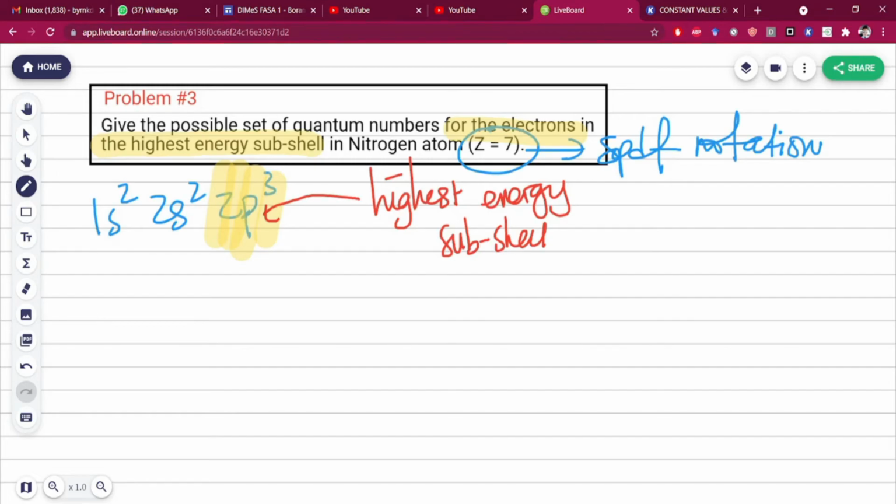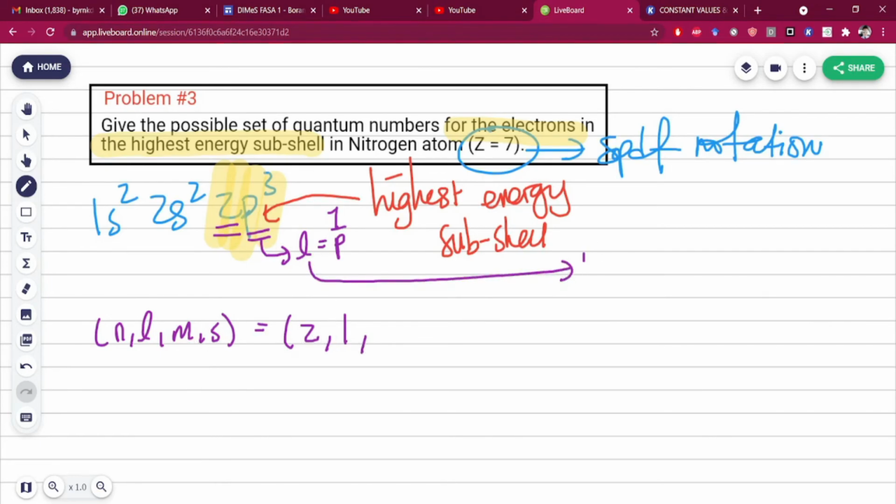To do that, remember n, L, m, s. So n is 2. And then the L value over here is P, and P is equal to 1. The m value will depend on L. So when L equals 1, m equals -1, 0, +1.